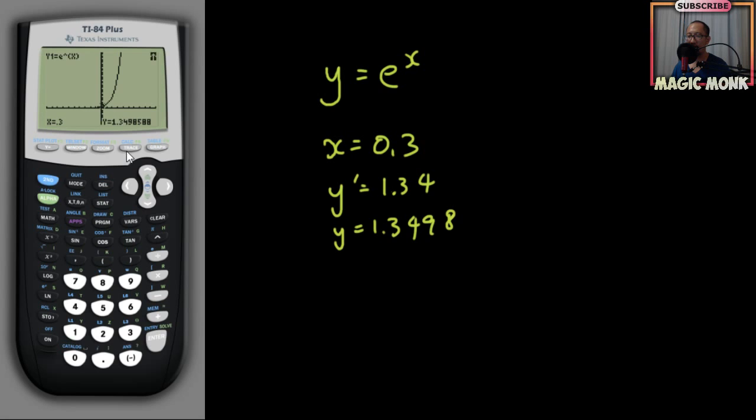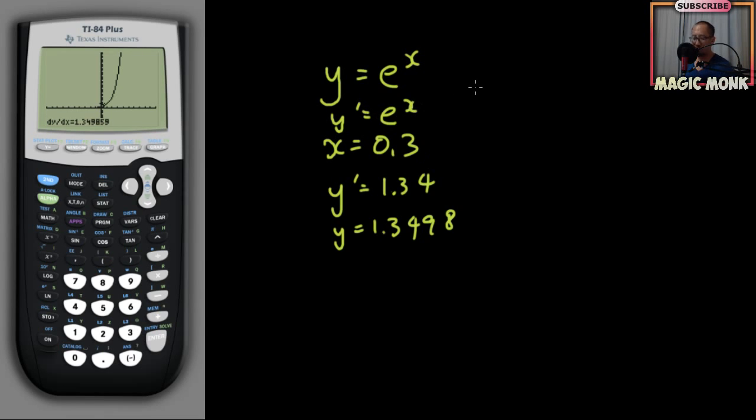Second calc, dy over dx, 0.3. Yes, it was 1.3498. So exactly the same. So when you differentiate an exponential function, you get y equals e to the x again. So that's why when you differentiate it, you just get e to the x.